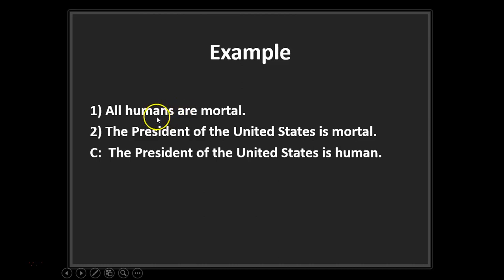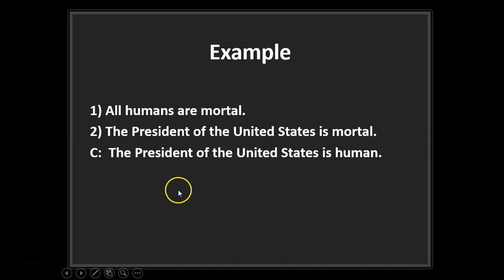Okay, so let me try to unpack this. If you were to say all humans belong in this class of things, this class of mortal things, fine. And then you say, well, the president belongs in that class too. That doesn't mean that you can conclude necessarily anything about these two things relative to one another.